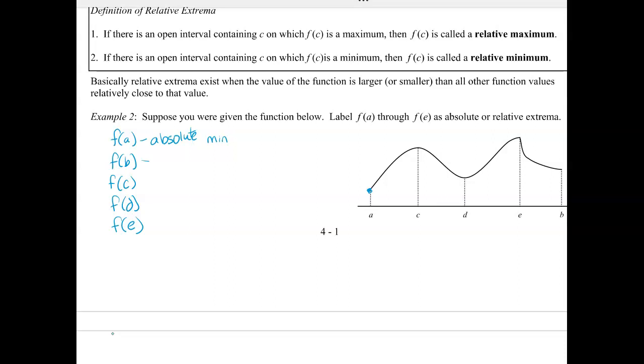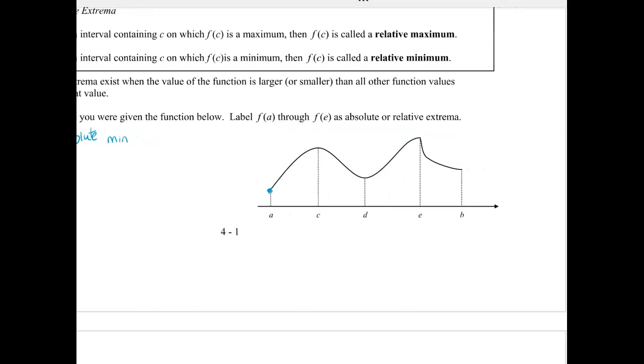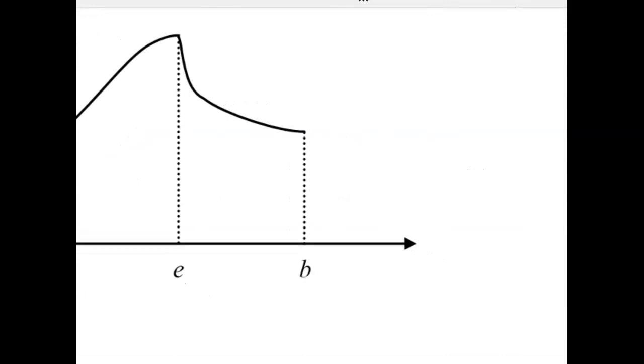And then what about f of b? Well, for f of b I'm going to look at that tiny little bit. I see that f of b is my lowest y value on that little chunk of graph.